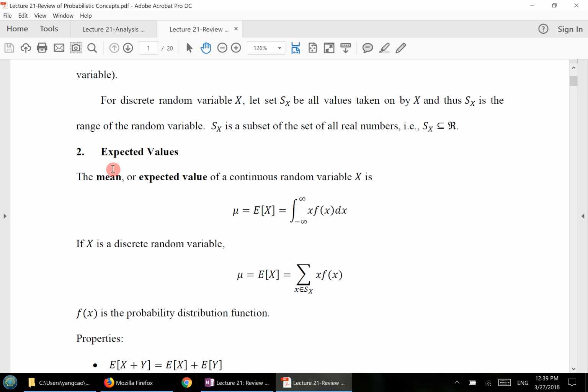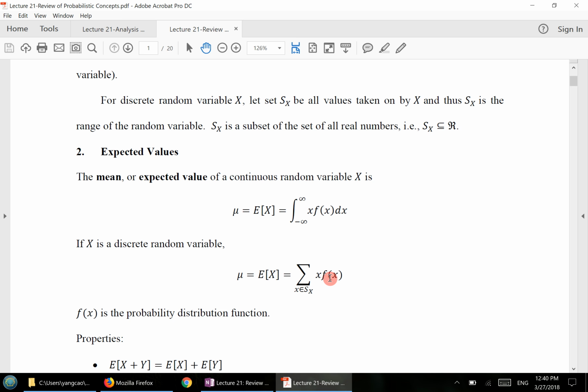The first simple concept is the so-called expected value, and often we call it the mean. I listed two different scenarios: one is when the random variable is discrete, and one is when it's continuous. So you have two different formulas for discrete and continuous random variables.